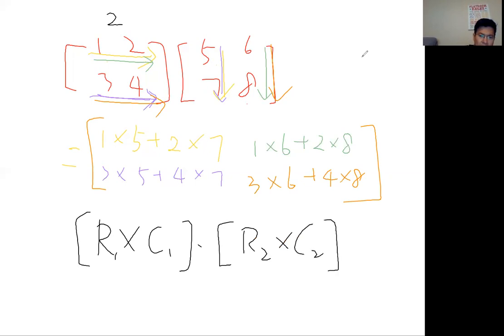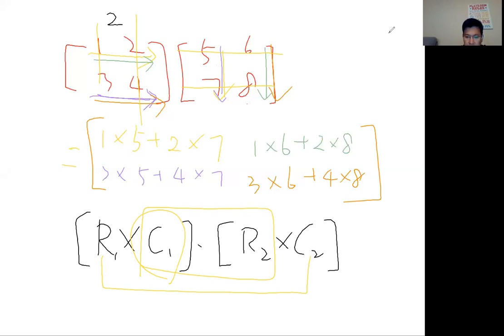Sometimes they ask you whether this is multipliable or not, and then these two numbers are important. They have to be equal to each other, the number of columns of the first has to equal the number of rows of the second, so that it's multipliable. So that's why it says CD, DC, like 2 by 3 times 3 by 2. If you do that, the outside will come out as the result, 2 by 2. And the other way around, 3 by 2 times 2 by 3, the outside 3 by 3 will come out.